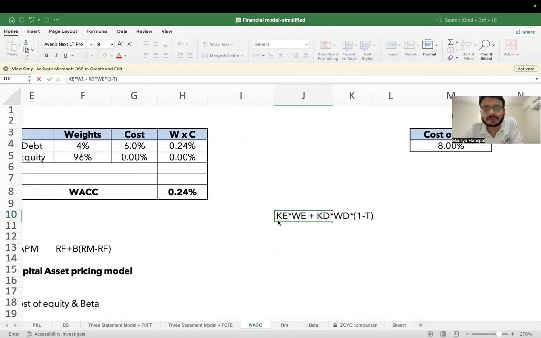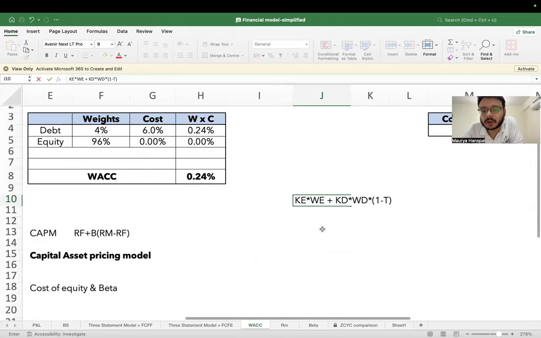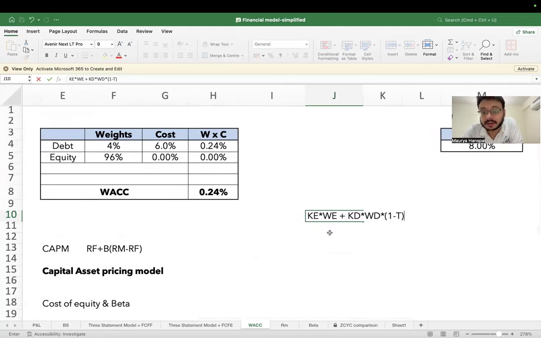This gives you the formula for the weighted average cost of capital. Cost of equity that we have calculated into the weight of equity, how much equity is there in the capital structure, plus the cost of debt into the weight of debt into 1 minus tax.